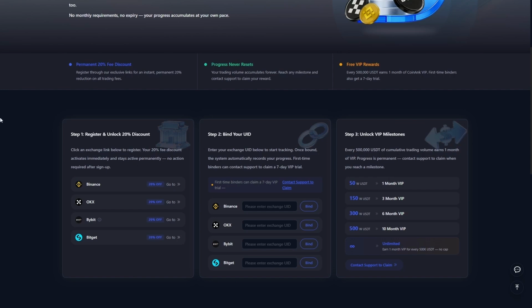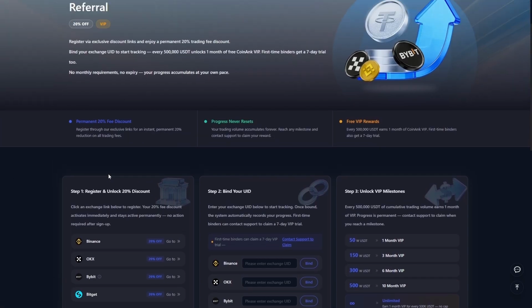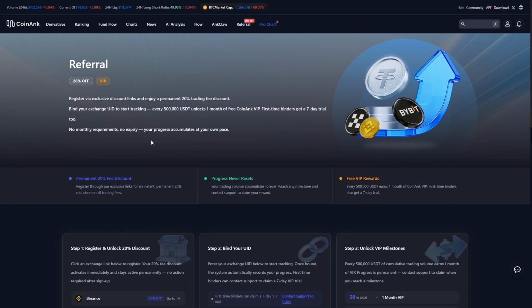But yeah, I'm not doing that personally. I'm just paying the $20 a month. But if you don't want to pay it and still want to use CoinAnk, this is an option. But I'm just not a big fan of all the referral stuff.